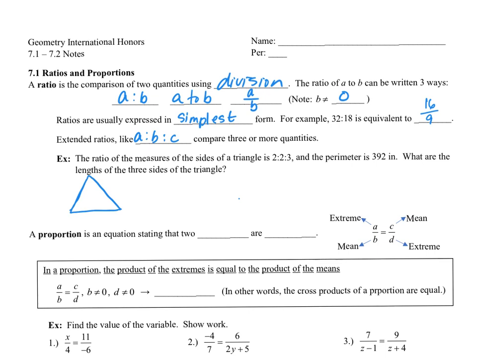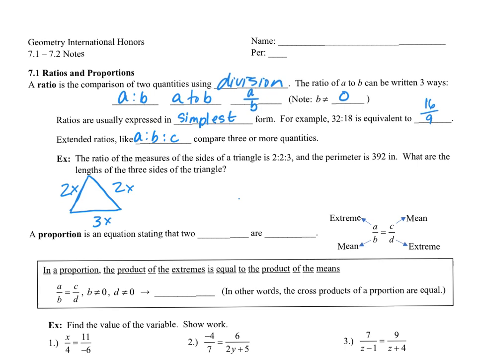So since we don't know it, let's just call it x. So again, our measures of the 3 sides are not 2 and 2 and 3, because that doesn't add up to 392. But if we multiply all of them by that common factor of x, those 3 expressions would total 392.